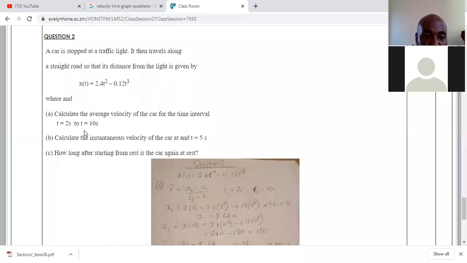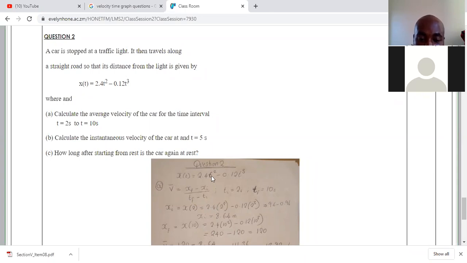So to get the initial position, we'll get 2 and substitute it up there. Everywhere there's t, we'll put 2 seconds so that we get the initial position. That's why we said x initial is equal to x of 2.